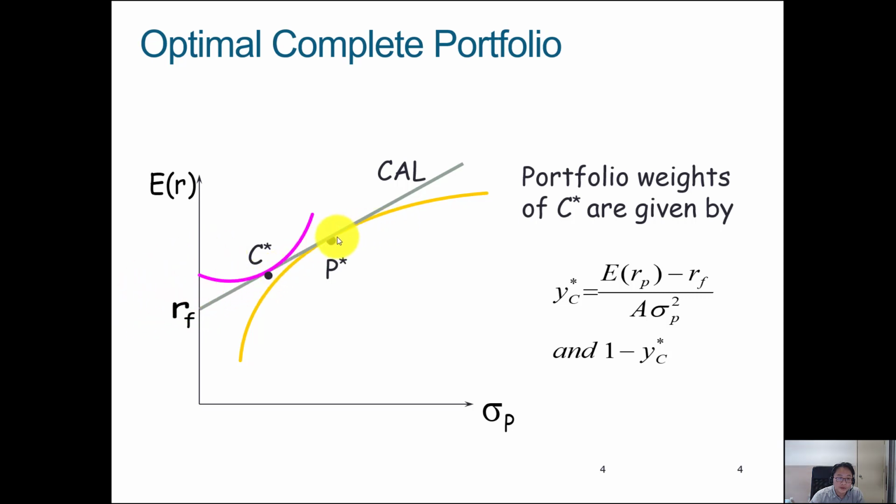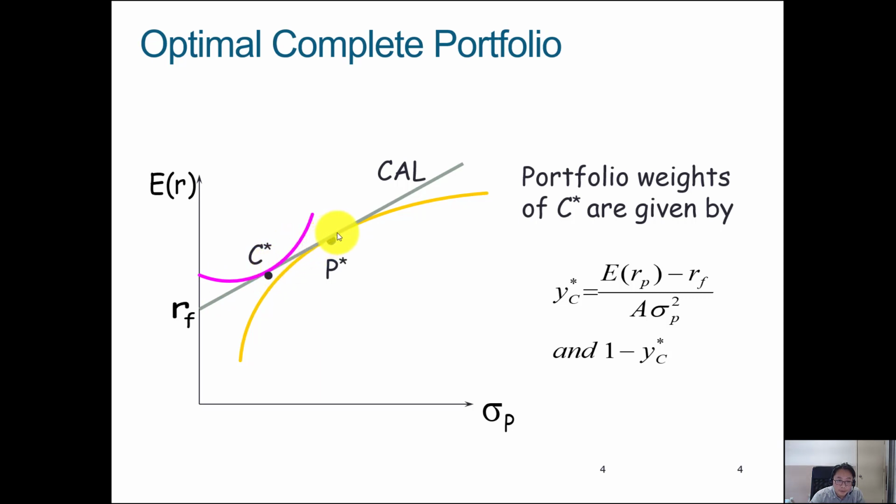As I move up the line to here, I'm invested 100% in the market portfolio and 0% in the risk-free asset. If I'm halfway in between, my portfolio weight is 50% in the risk-free asset and 50% in the market portfolio.